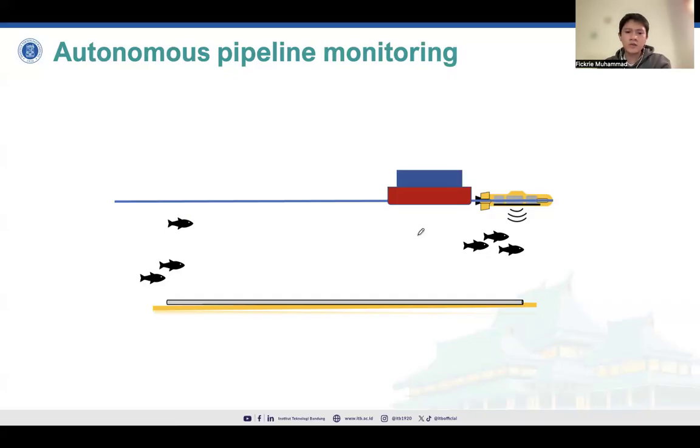And after it processes some transects, it will tell the system that it will go up and it is time to transmit, collect, or send the data to be post-processed. The AUV can be charged at the docking platform, and then later be deployed continuously to other transects, for example.